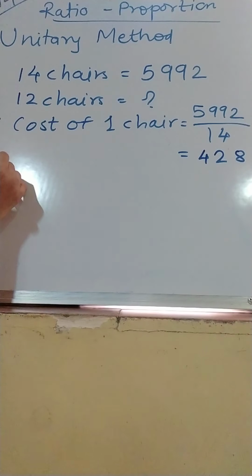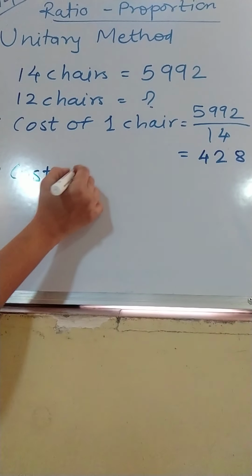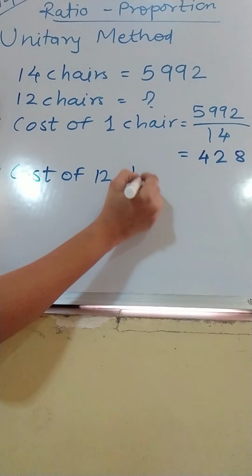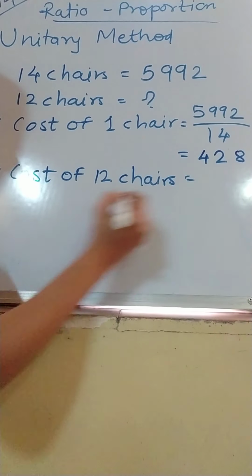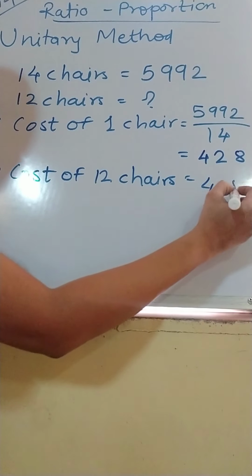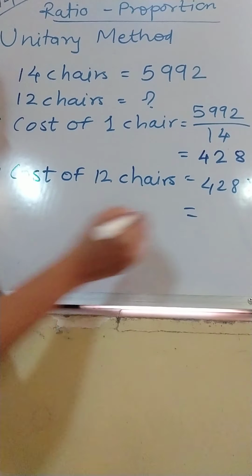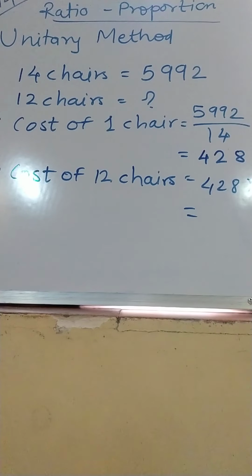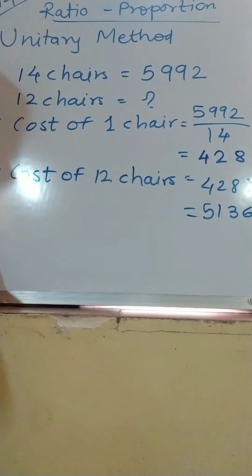Now from this you have to calculate the cost of 12 chairs. Therefore the cost of 12 chairs is equal to 428 multiplied by 12, right? After calculating this, we get the answer 5,136.